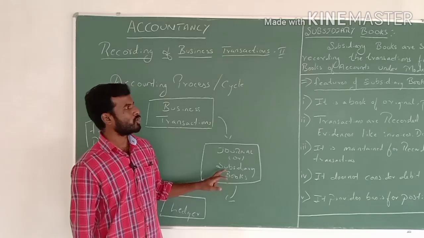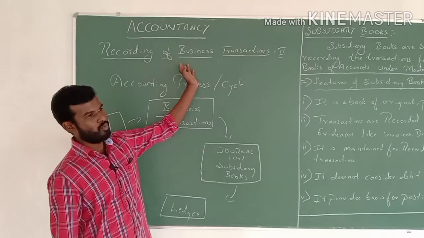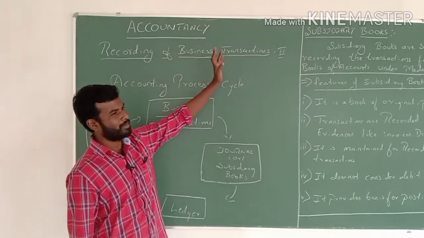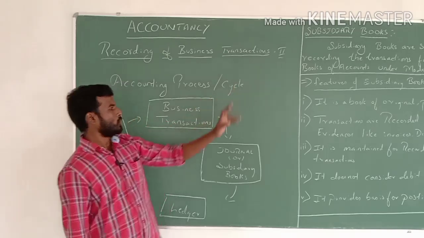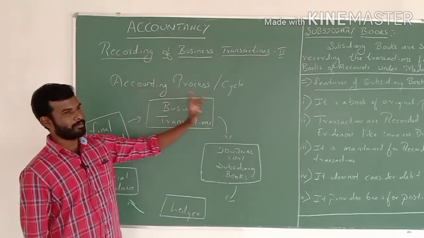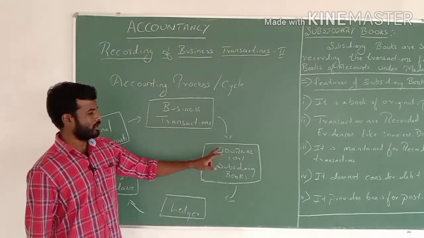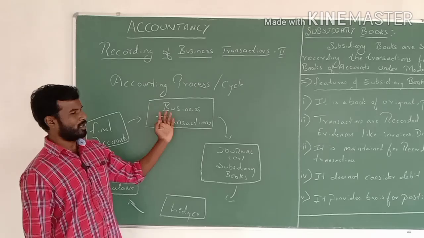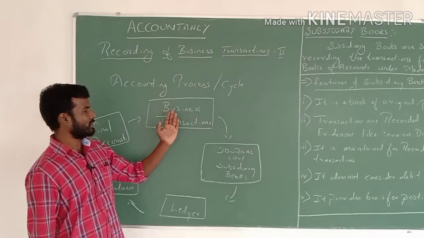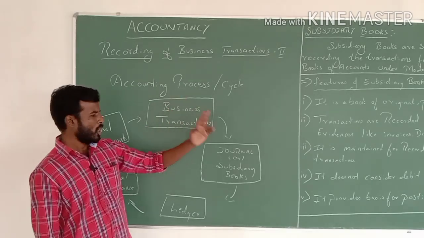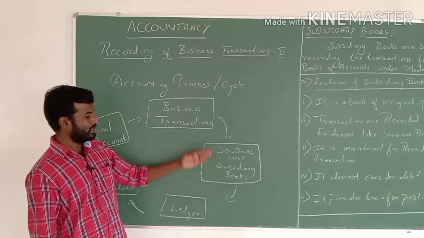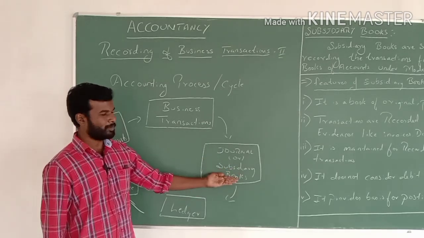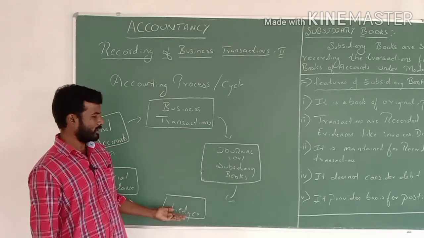The subsidiary books come in the chapter we are discussing, business transactions part 2. That is why I have written this accounting process and am explaining the subsidiary books. In the accounting process, we have completed business transactions, journal as well as ledger. Now we are moving to subsidiary books, and then again to the ledger.